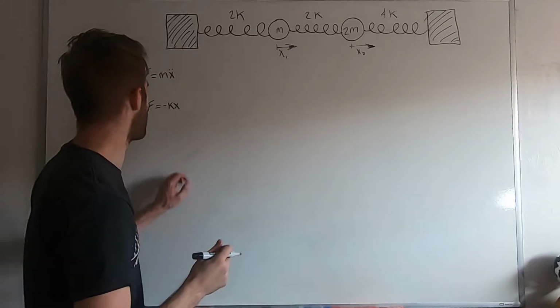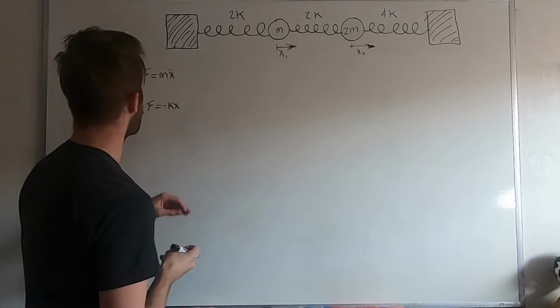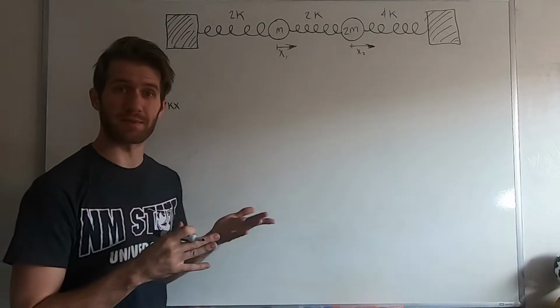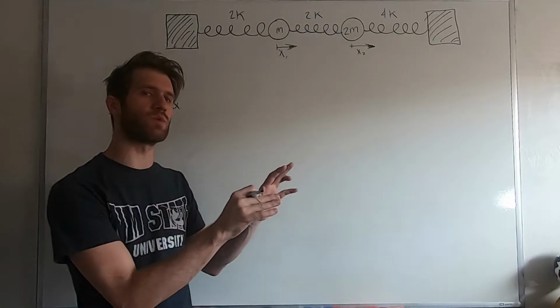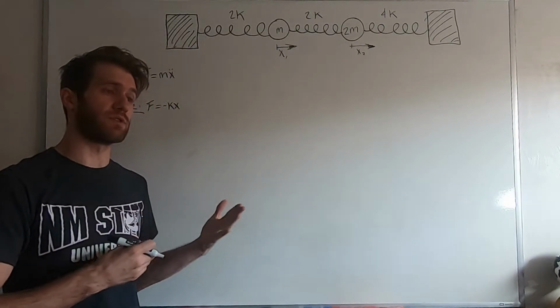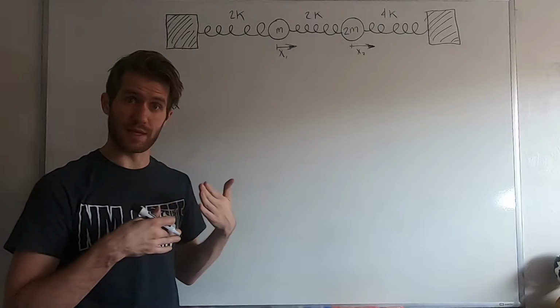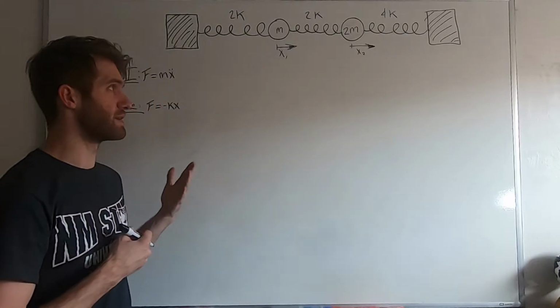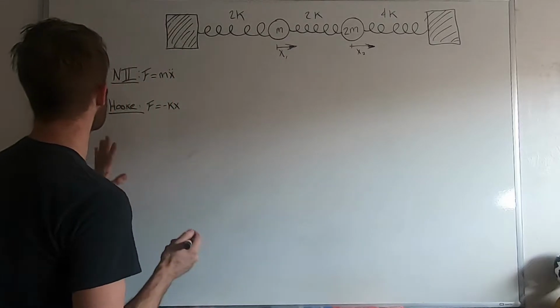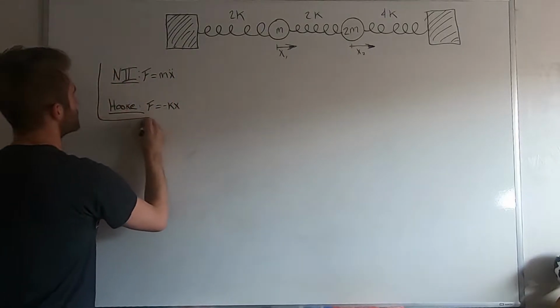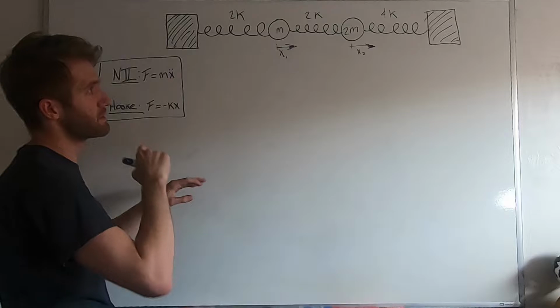K being our spring constant, and x just corresponding to the displacement. And it's negative because as you exert a force in one direction, that spring exerts an equal and opposite force in the opposite direction, trying to bring itself back to equilibrium. Okay, so these are going to be the equations that we're going to be using for some time now.